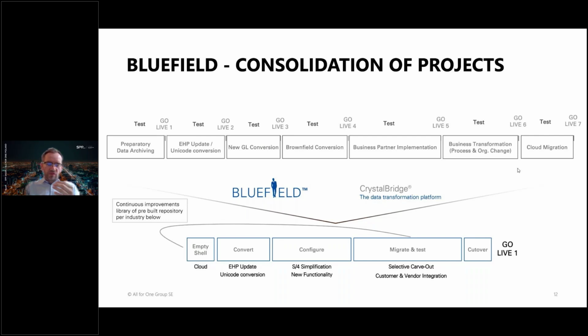And we can do the transformation projects in waves, or we can do the transformation project as a big bang approach, and we can migrate and move all these organization units at once. So it is very important to understand that we are very flexible at this stage, but this stage needs to be discussed and agreed before the project starts.